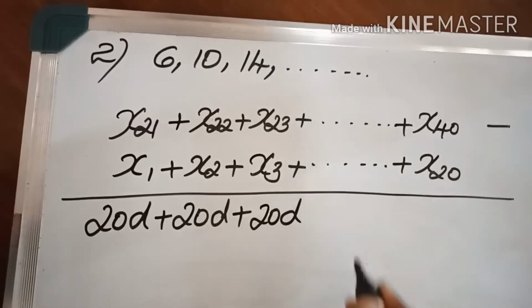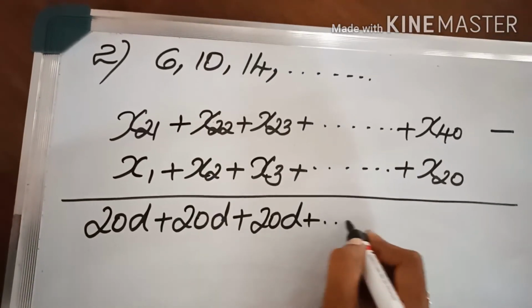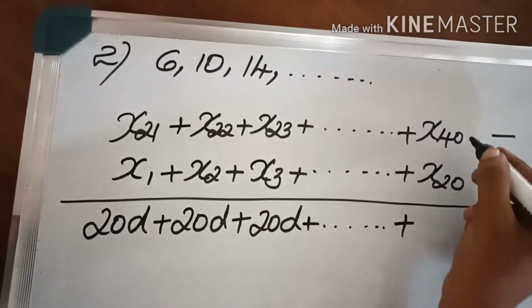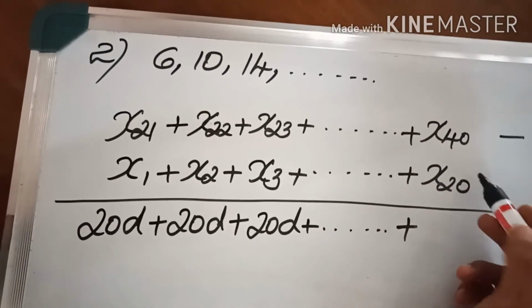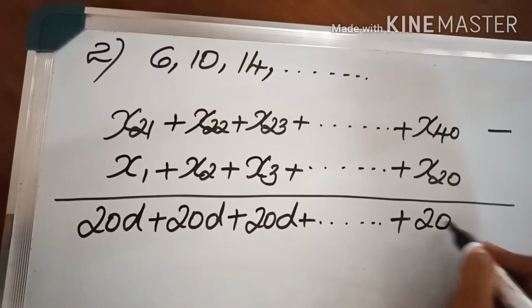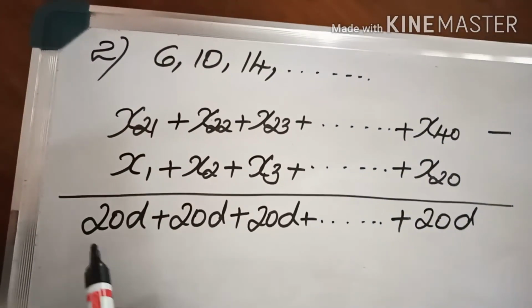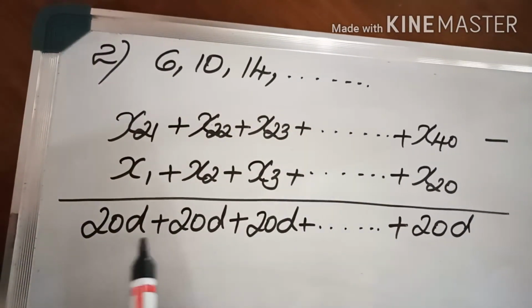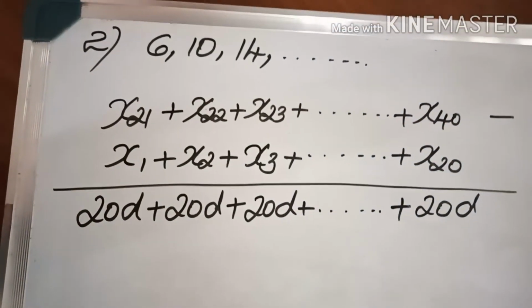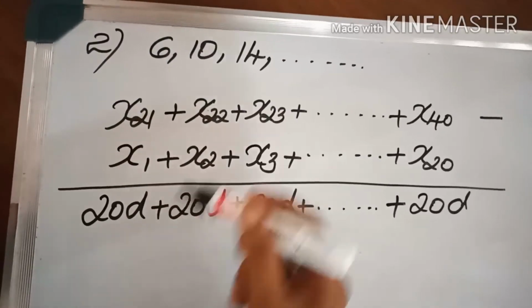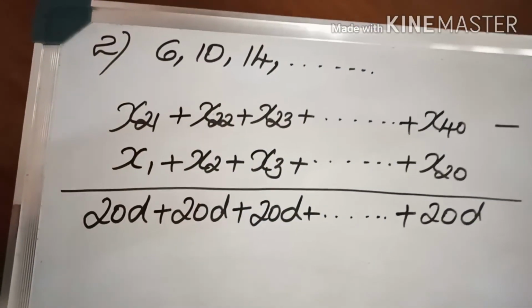So 20 times common difference, etc. Here x40 minus x20, then also 20 times common difference. That means when we add 20d plus 20d plus 20d plus etc. up to 20d, we will get the difference of these two sums.